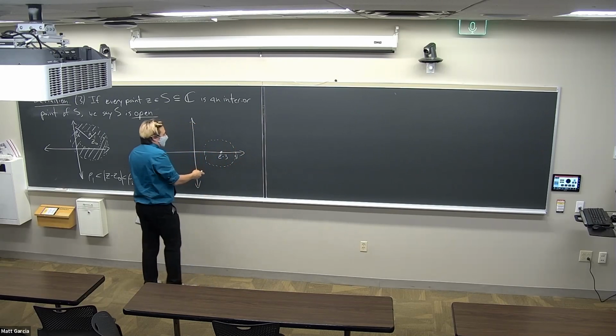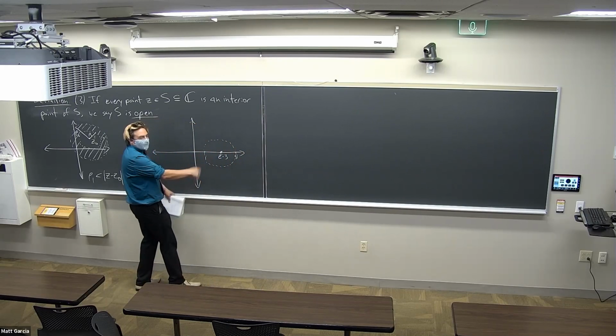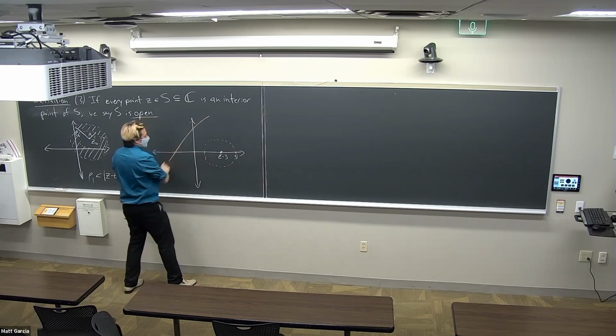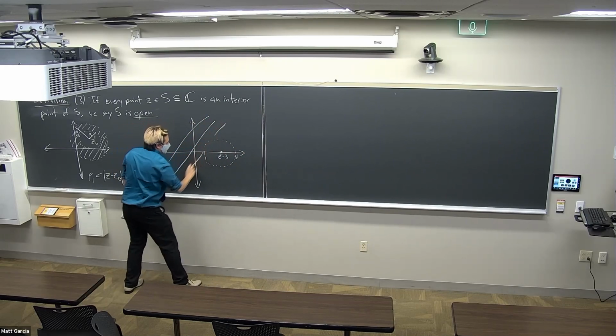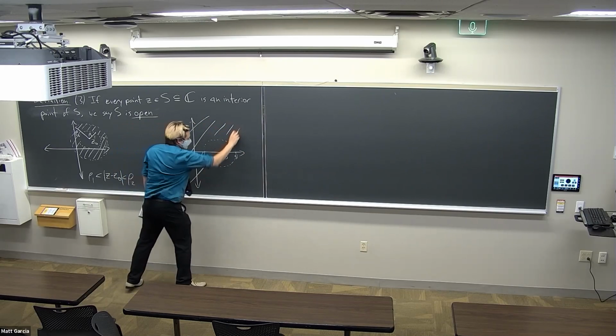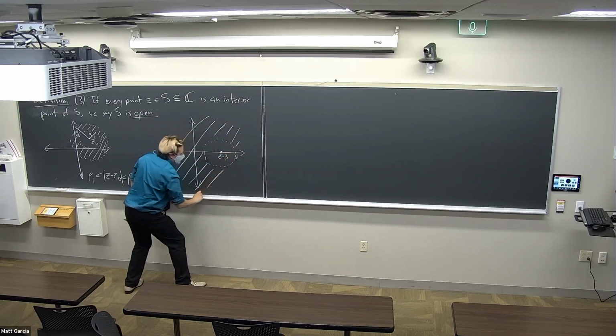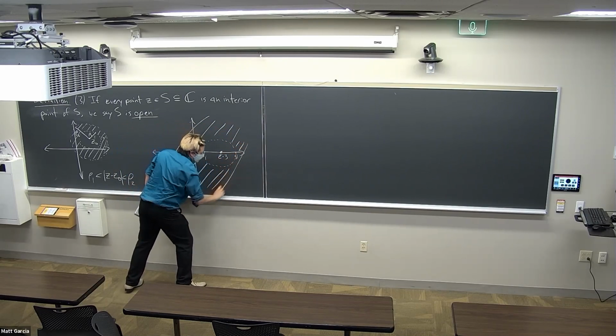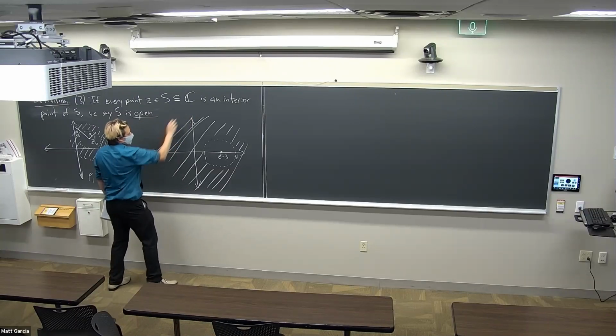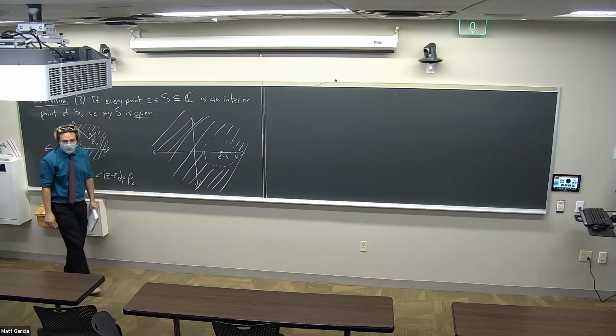If I consider everything outside this circle, this is also an open set, right?